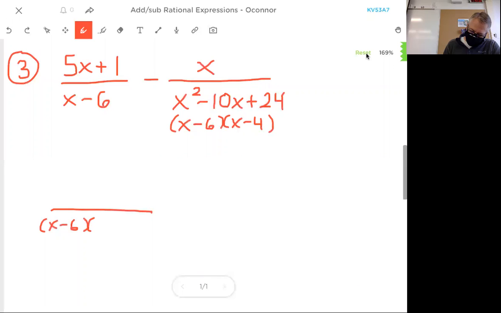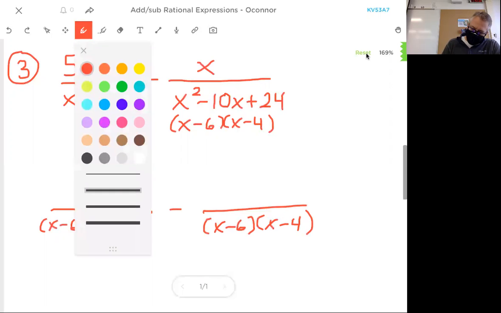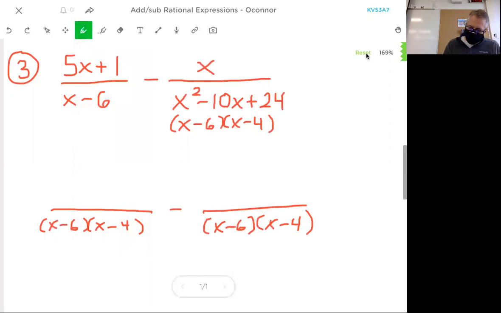So I'll write that on the left side, and it's going to be minus x minus 6, x minus 4. So on the left, we are multiplying top and bottom by x minus 4. This is another FOIL. So don't forget we have to FOIL that top left.